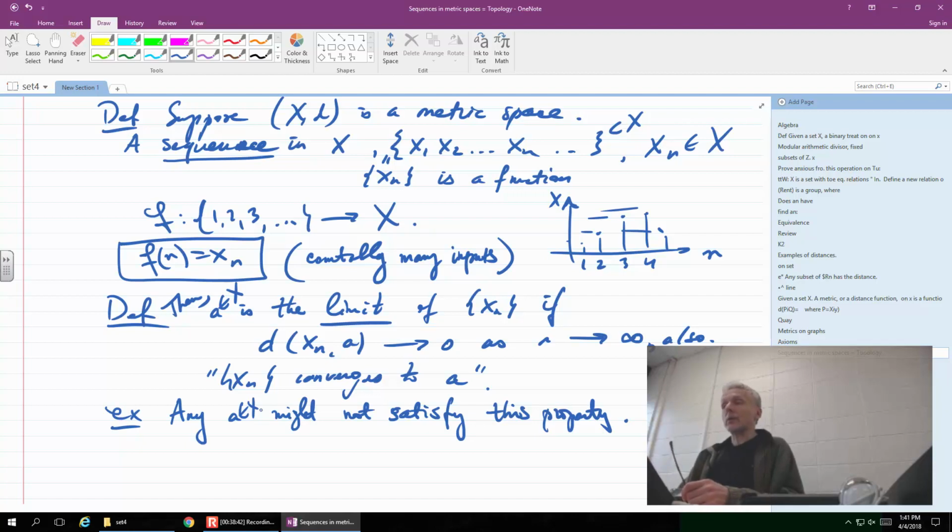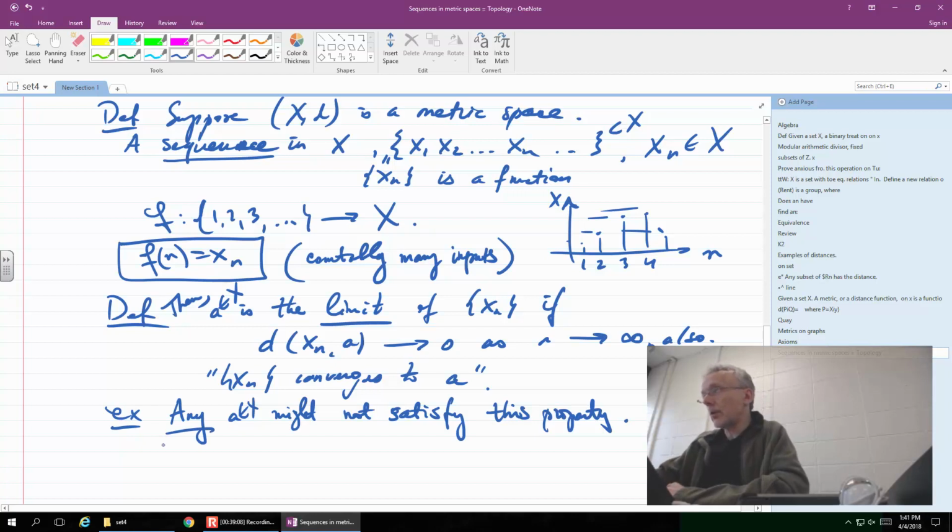However, if you remember calculus, that certainly is not a problem. In fact, we do know that it does not have to be. A sequence does not have to have a limit. So we don't really have to go all the way back and pay too much attention to it. We certainly know sequences that diverge. So, in fact, it's not just that any given A might not satisfy the property.